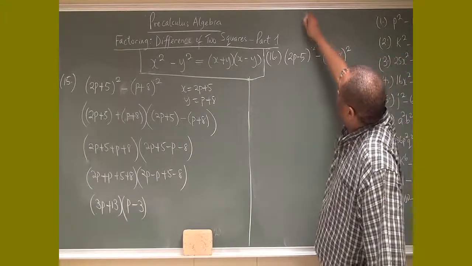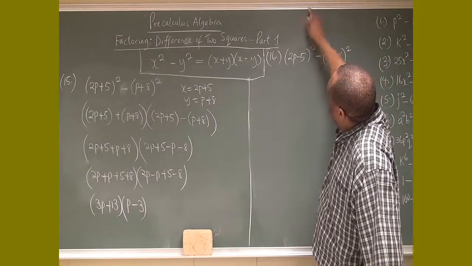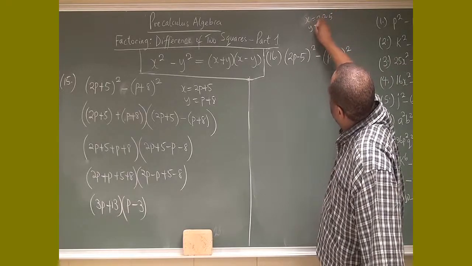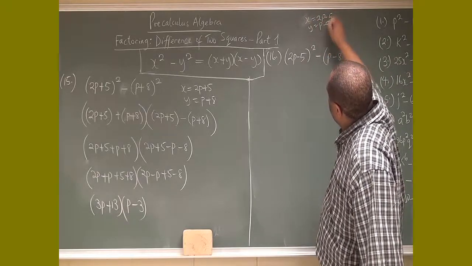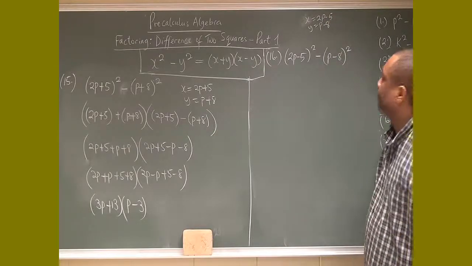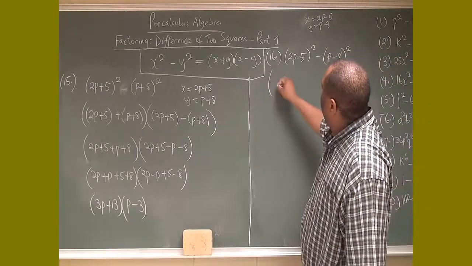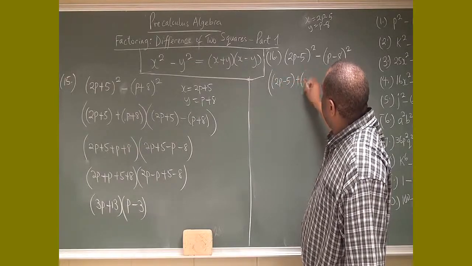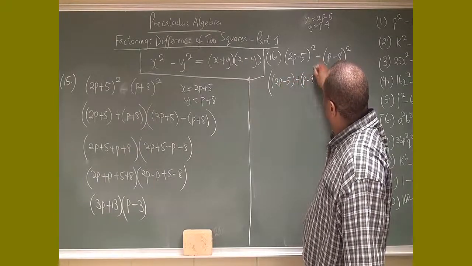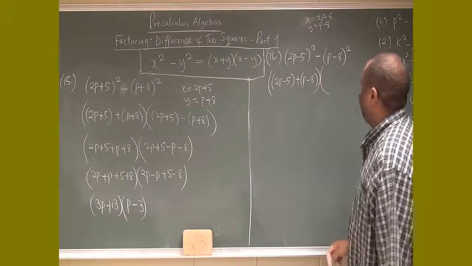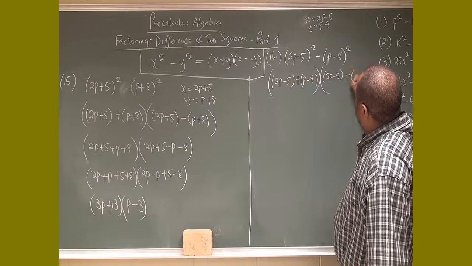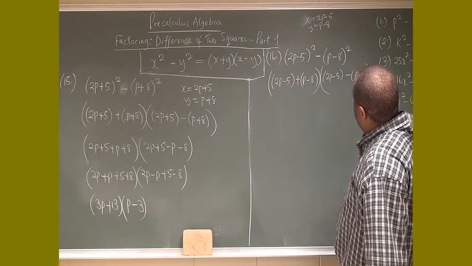Our x is 2p minus 5, and our y is p minus 8. So now we open up our parentheses: 2p minus 5 plus p minus 8, closed. We open up again: 2p minus 5 minus p minus 8.